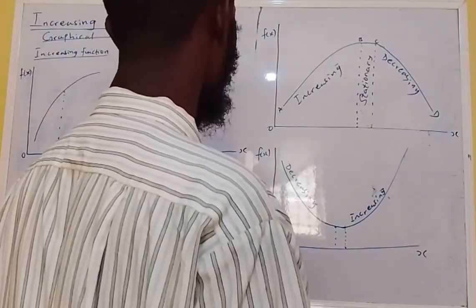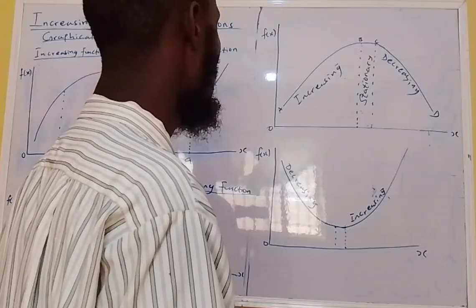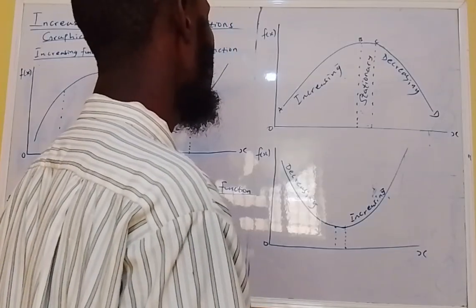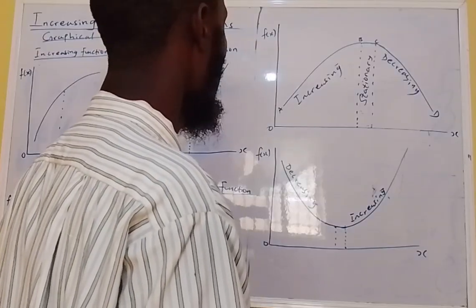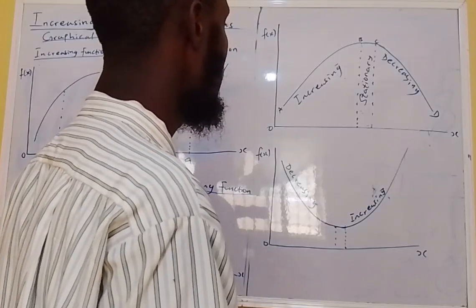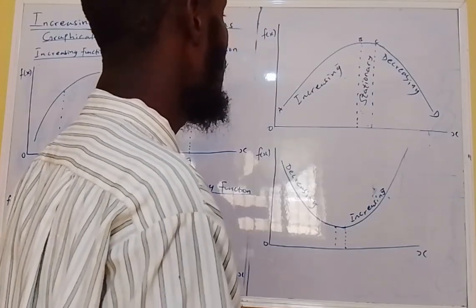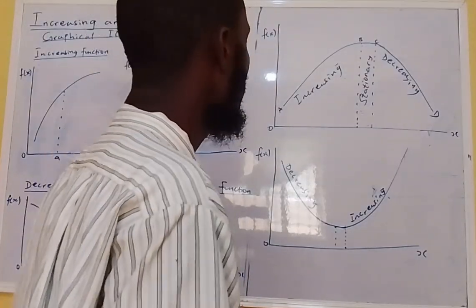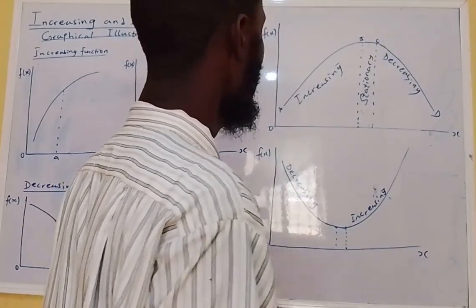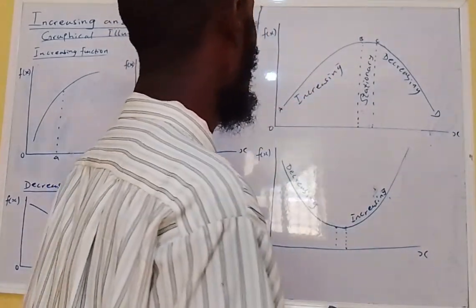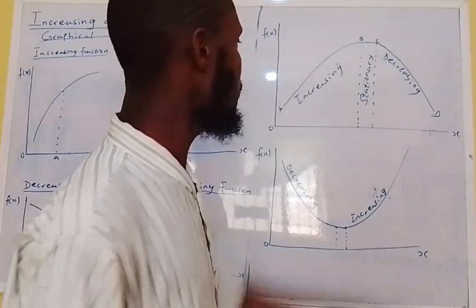We can have a graph whereby one part depicts an increasing function, and the other part depicts a decreasing function. And we can also have a middle course where the graph will remain constant, so that is a stationary point.